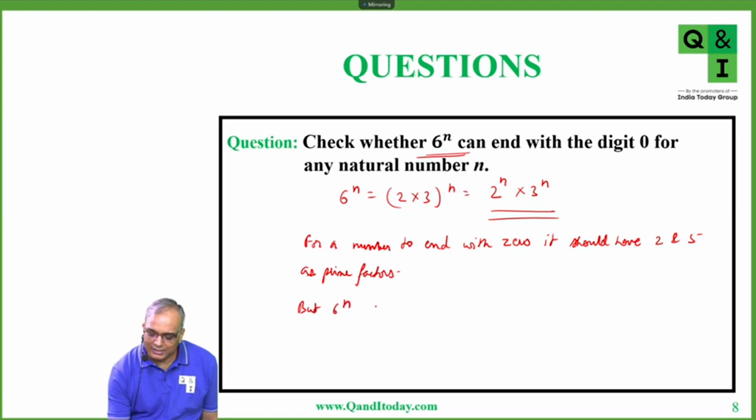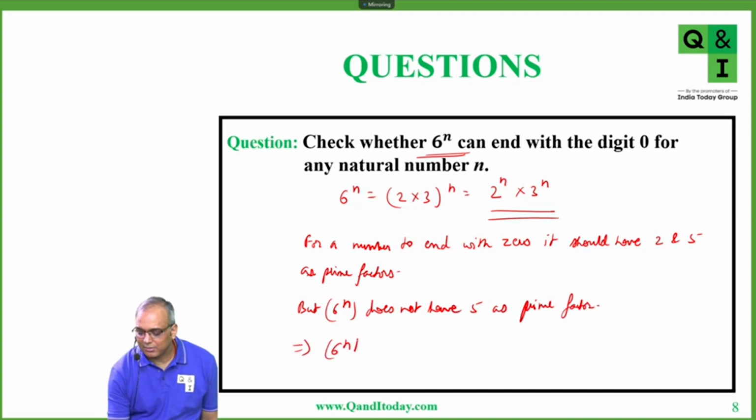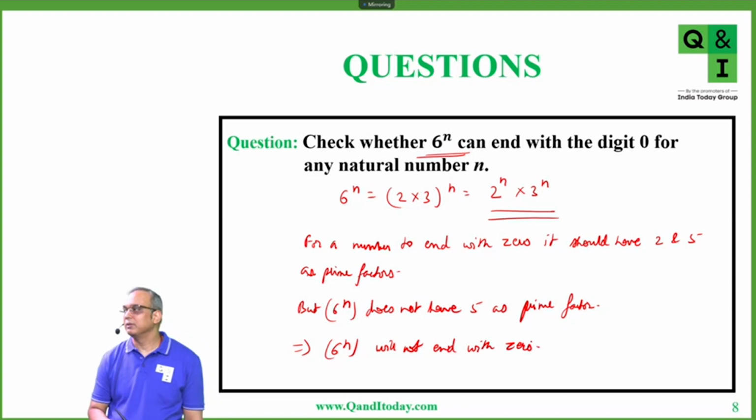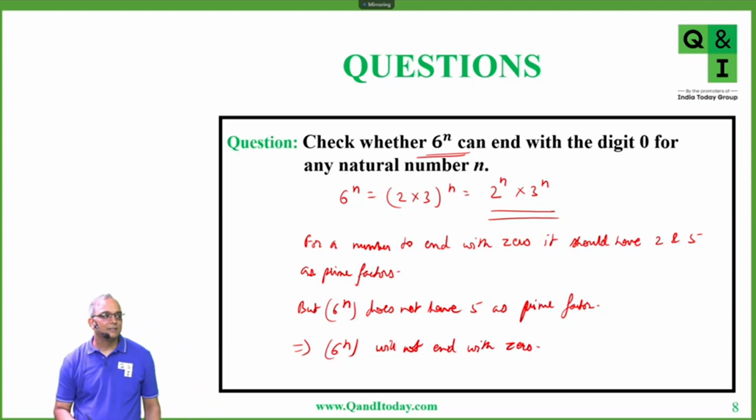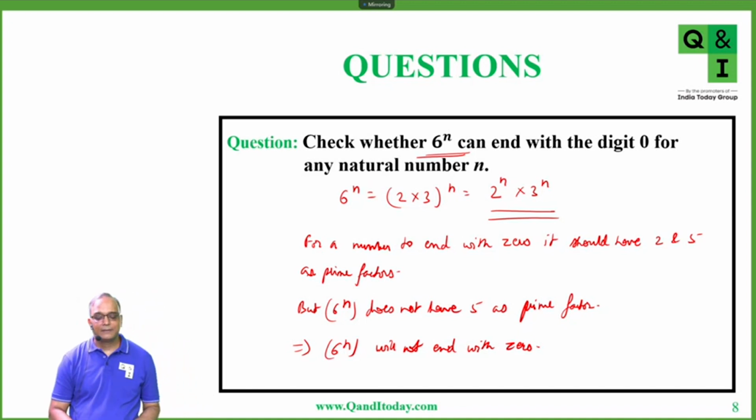But 6 to the power n does not have 5 as a prime factor. Hence, 6 to the power n will not end with 0. Is it clear? Students, is it clear?